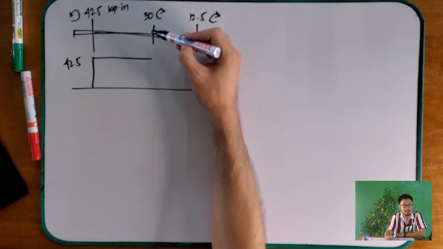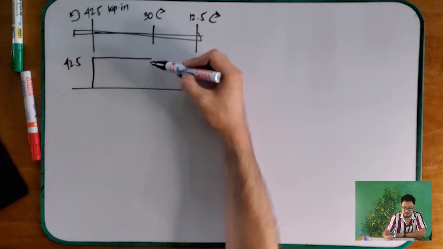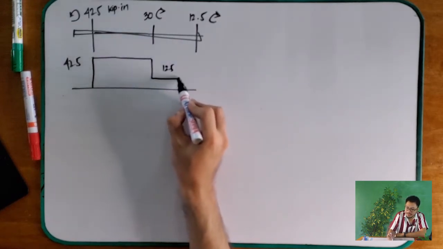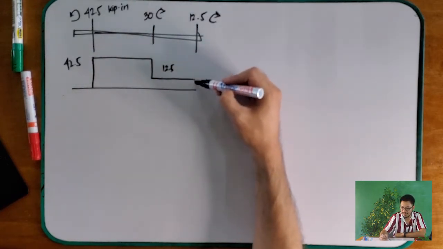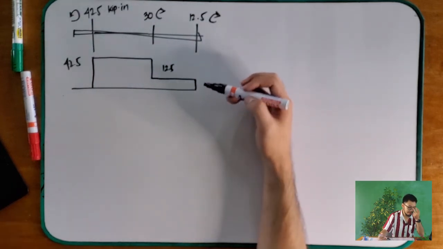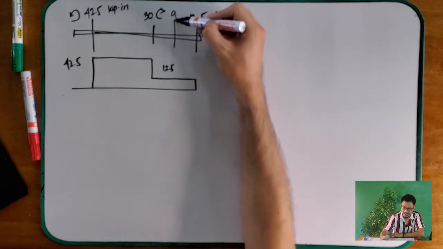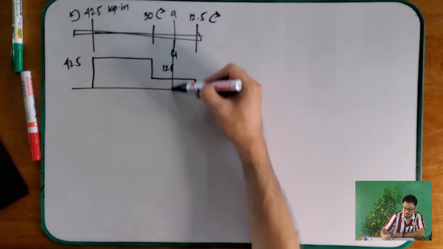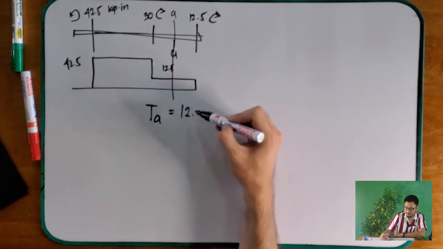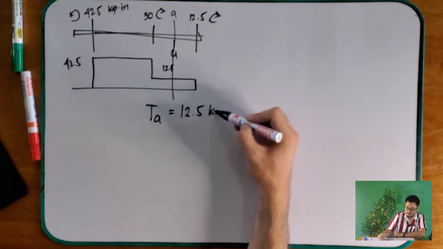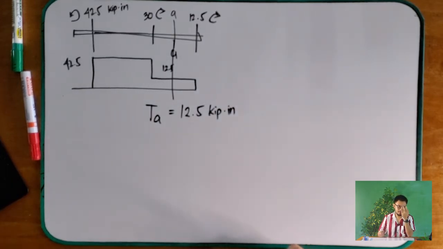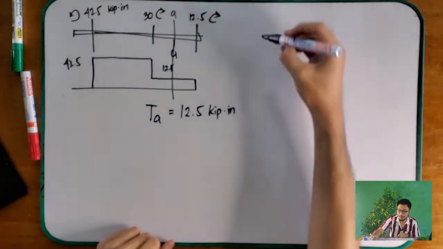Niabot og 30 clockwise, so ninaog 42.5 minus 30 nahimo siyang 12.5, and then nag-add na pod kag 12.5 pa clockwise, so nahimong 0. And this is your section AA. So therefore, your torque at A is equal to 12.5 kip inch. Okay? Sige. So now, unsa kaya ang formula?